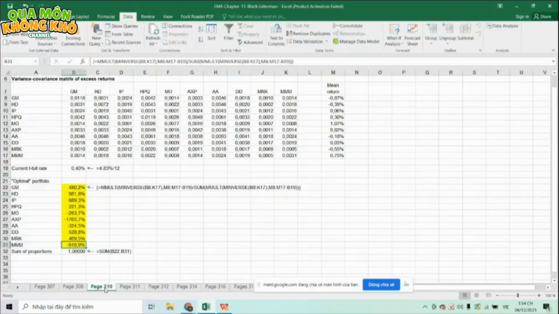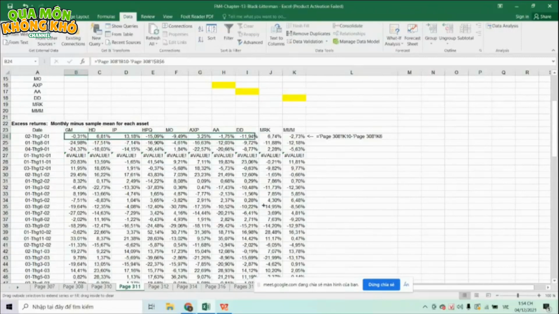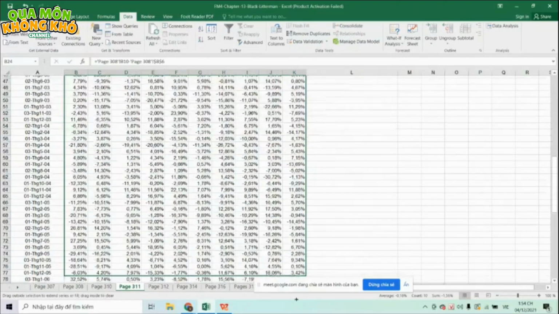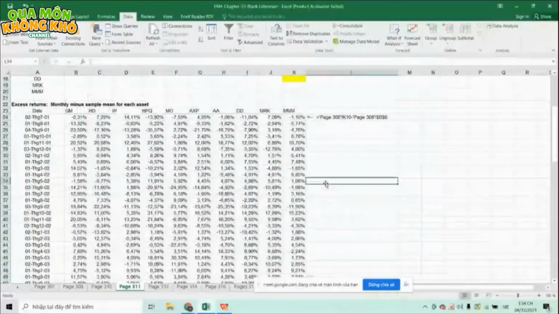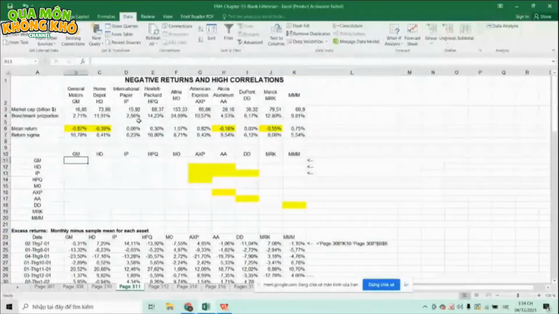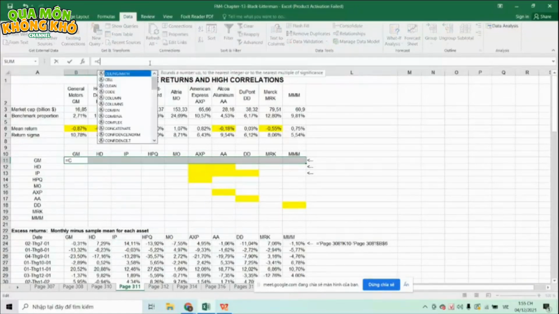Oh, I will fix the B6 in here. Okay. So this is continue with the correlation matrix with the function correl.